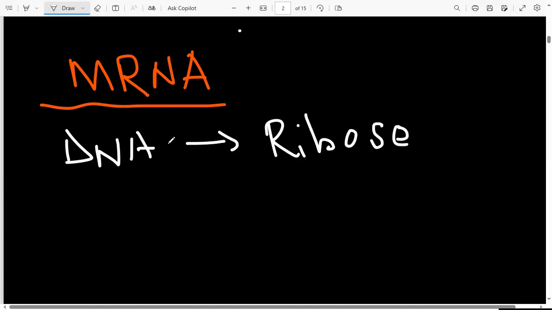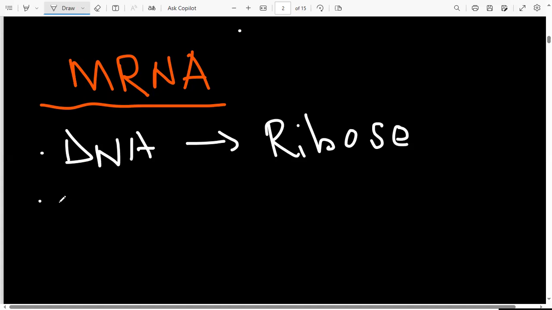And then what is its role in protein synthesis? In protein synthesis, it acts as a template for assembling the amino acids into a protein according to the instructions given by the DNA.